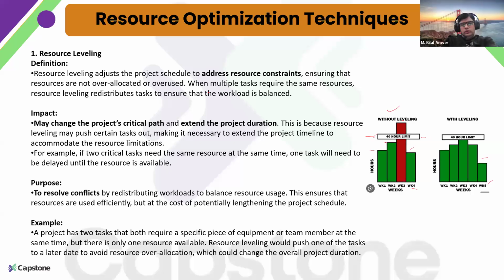Shared resource, yes, or maybe initially you have done scheduling such that there is an overlap coming, and the same resource is required on another activity as well. In that scenario, we may need to employ this technique, and this can increase our critical path.